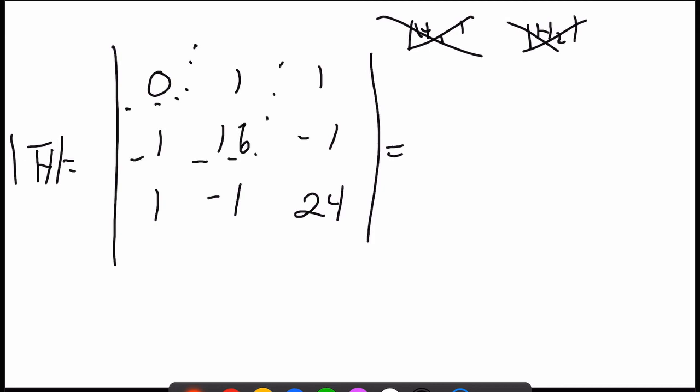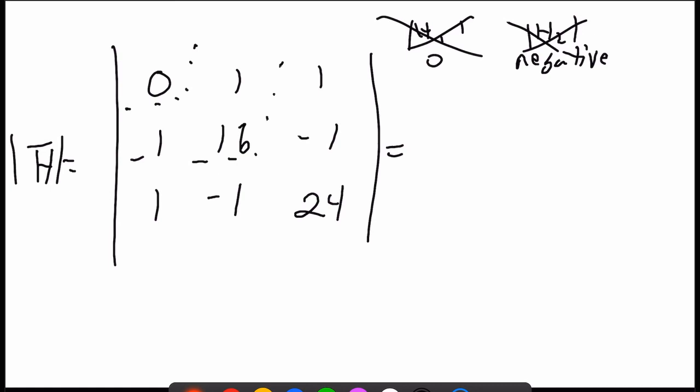H2 is minus 1. I know what they are. This is 0 and that's negative. And I know that that's what they're going to be. The only thing I have to calculate, okay, is the H3.